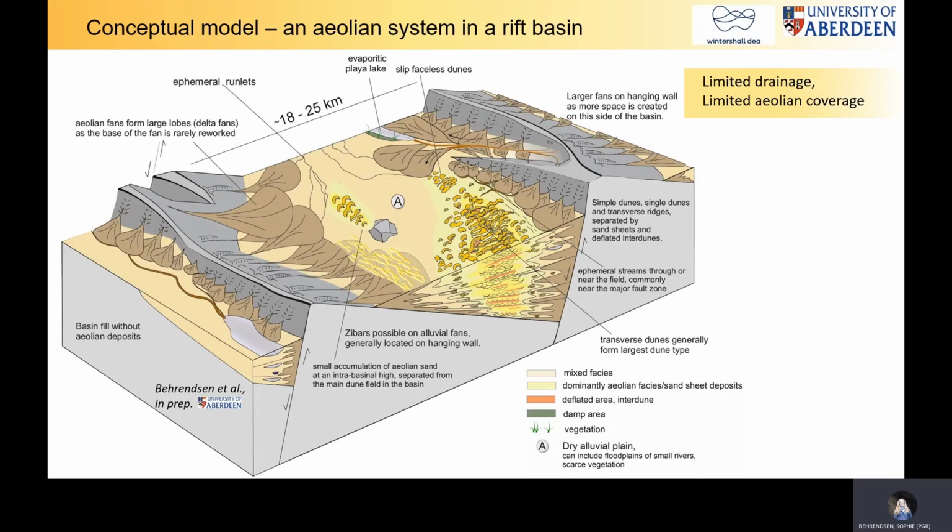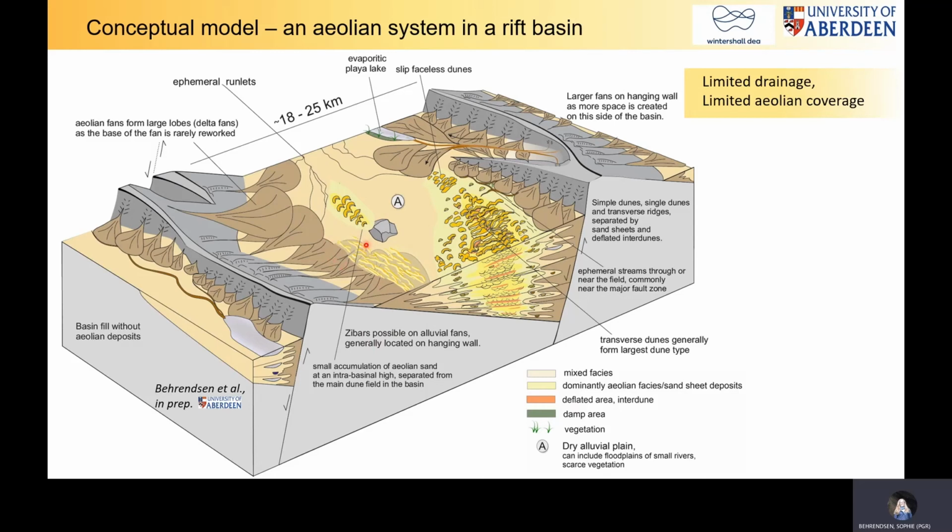Our second conceptual model is one that shows us an example for limited drainage and limited aeolian coverage. We are showing here 3 possibilities where we can have accumulations of aeolian sand. So first we can have dune accumulation in front of an intrabasinal high here. Then we can have some zibars reworking alluvial fans.